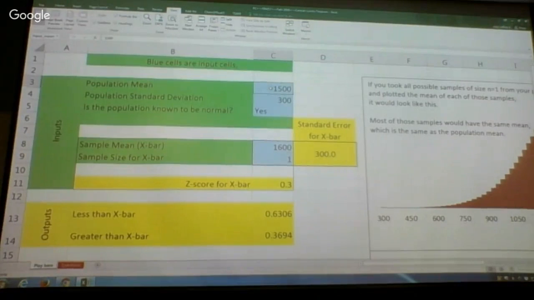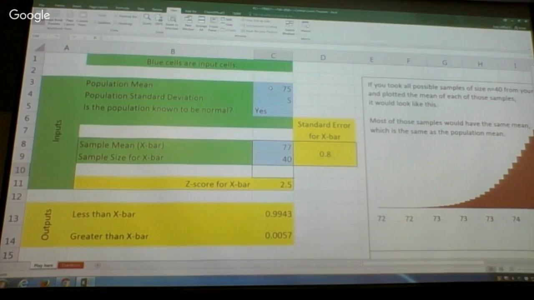The population mean we know is 75. Population standard deviation we know is 5. Population is known to be normal. My sample mean for question number 32 was 77, and my sample size is 40.